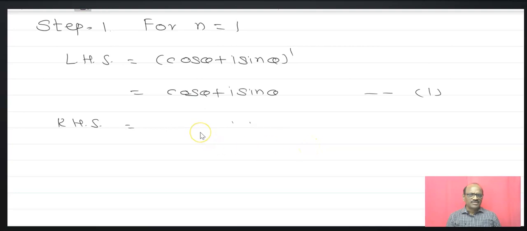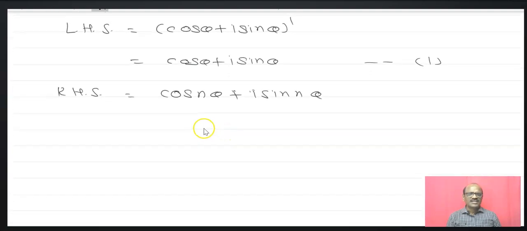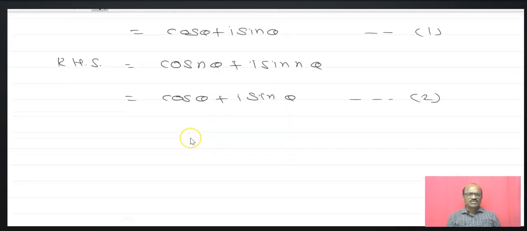That is, if we substitute n equals 1 in cos of n theta plus i sin n theta, we get cos theta plus i sin theta. This is 2. Therefore, from 1 and 2, LHS is equal to RHS.